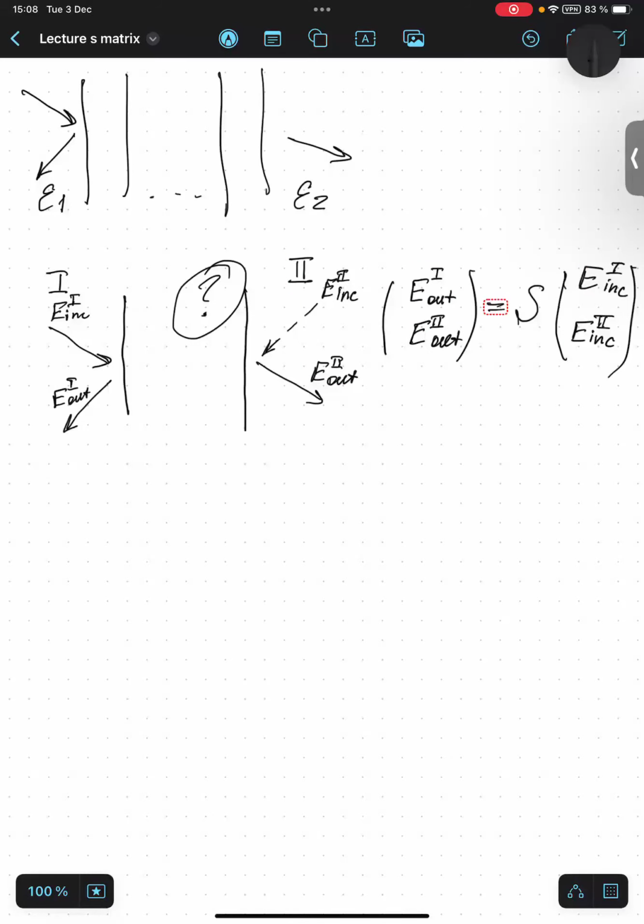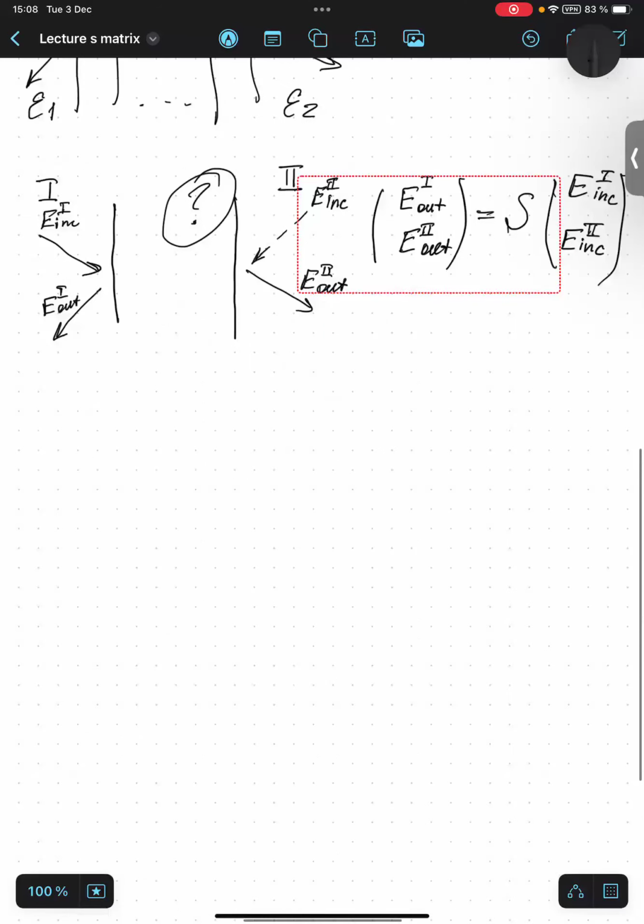So basically, this is the idea of S matrix theory. It relates outgoing fields and incoming fields to our system, and this S matrix is basically a 2 by 2 matrix, and tells us about the response of our system on some incoming fields.